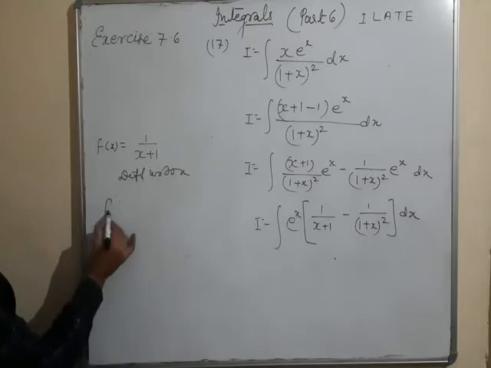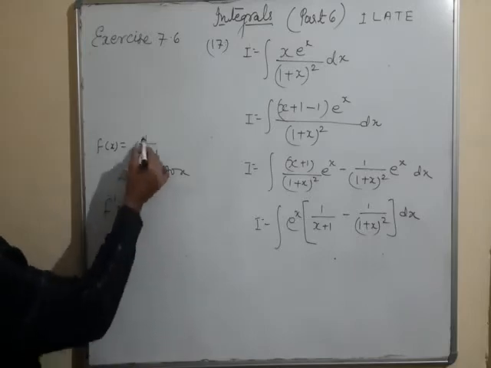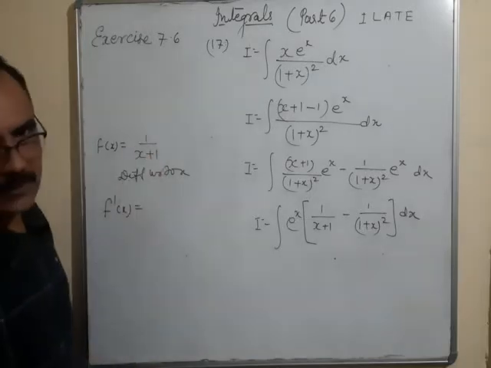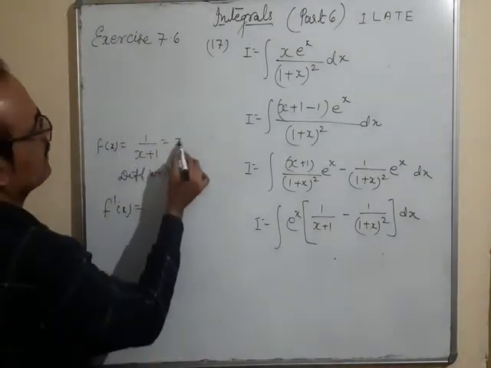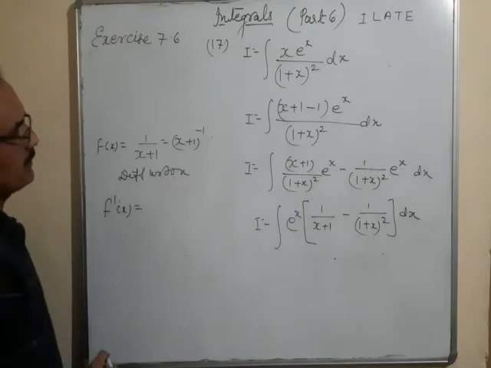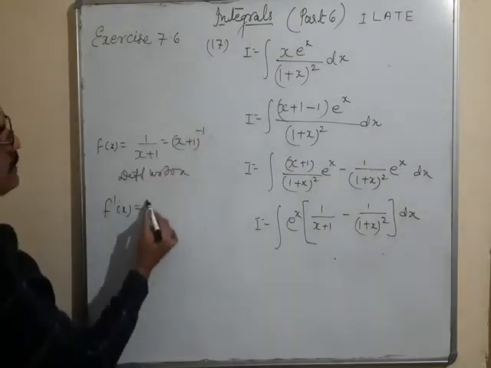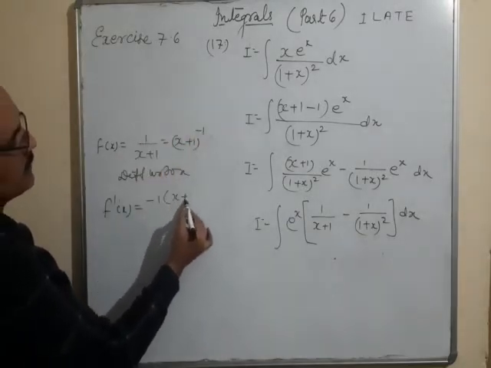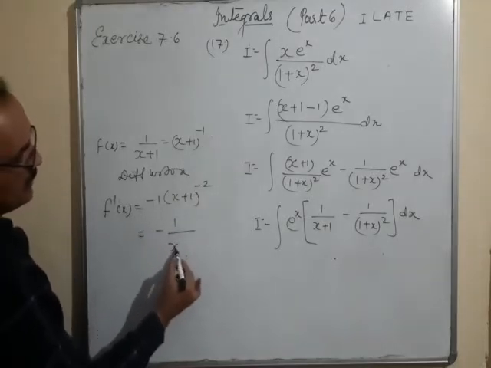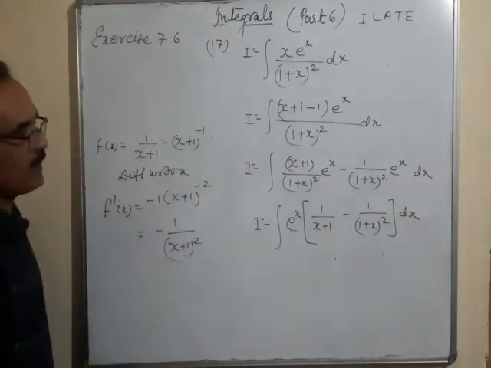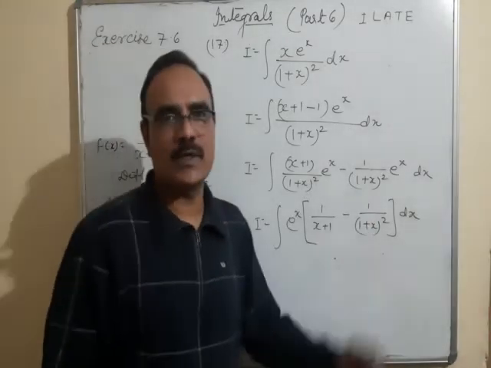Then what is coming? F dash x, we can use the quotient rule or simply write (x plus 1) raised to the power minus 1. When we differentiate this term, minus 1 (x plus 1) to the power minus 2, that is minus 1 upon (x plus 1) whole square. And you can see minus 1 upon (x plus 1) whole square.